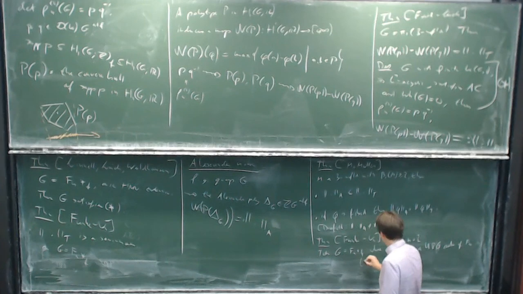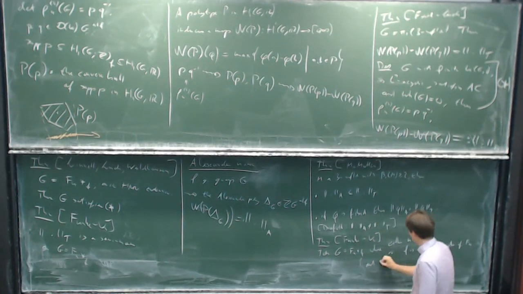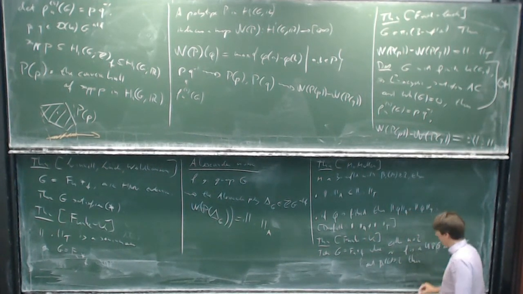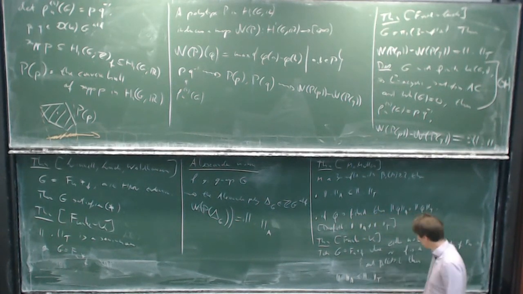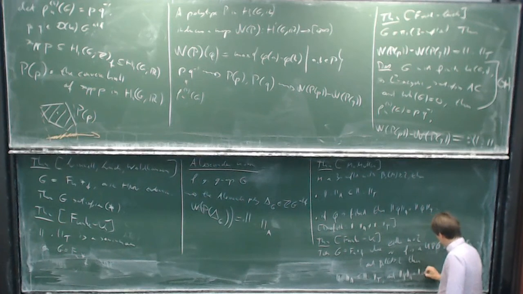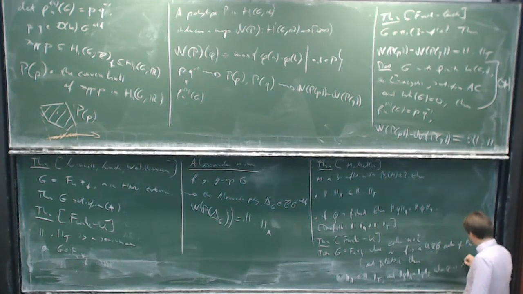Then, and we need this assumption on the Betti number, again the Alexander norm bounds the Thurston norm from below, and these guys are equal when phi is fibered.